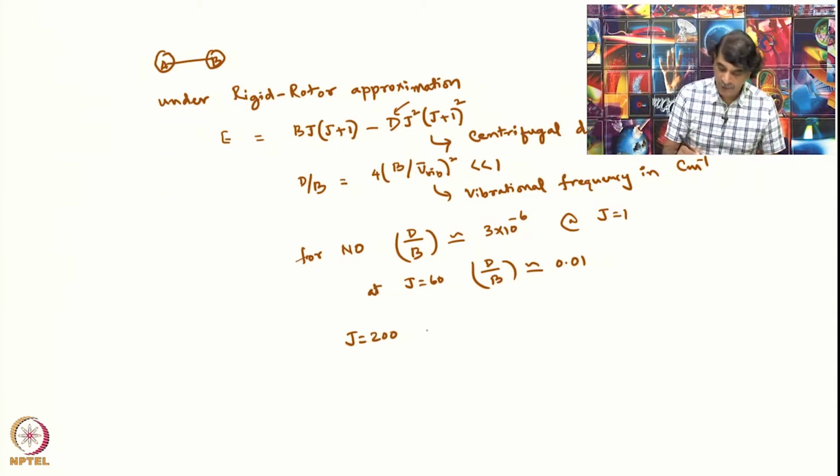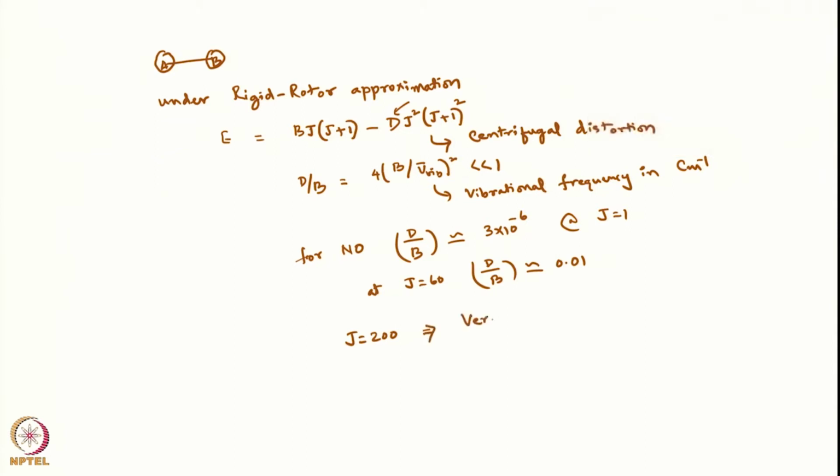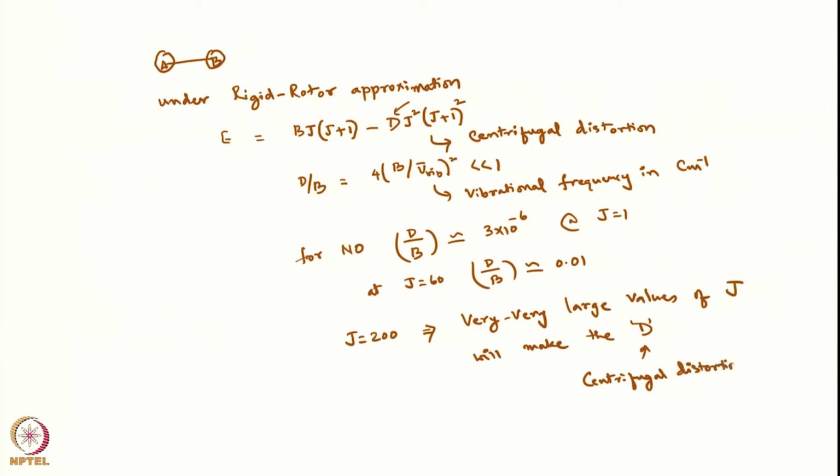So, one has to go to very large values of J to make D, the centrifugal distortion constant, prominent. Otherwise, in general one can ignore it.